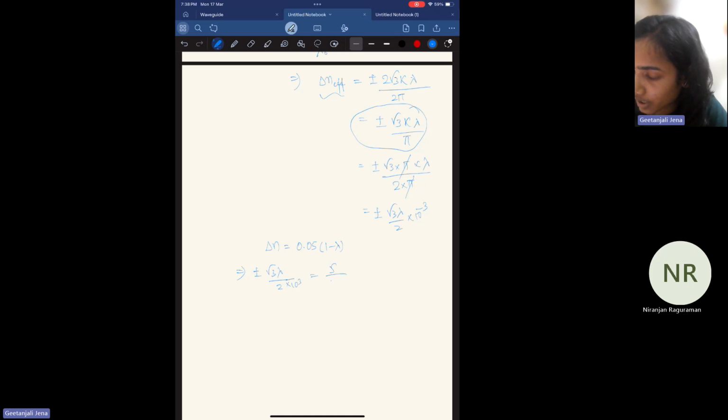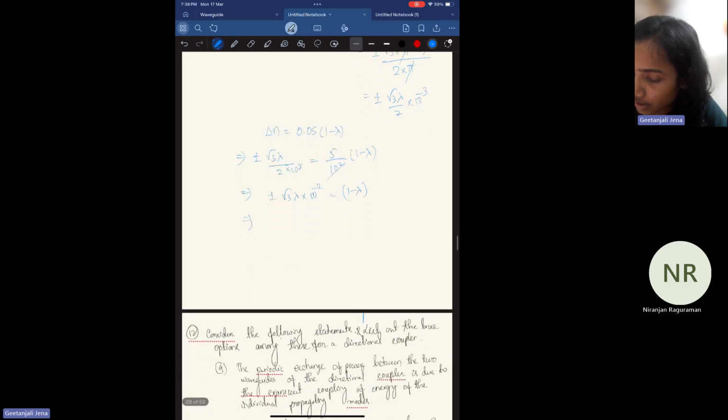This is 5 by 100. This will cancel. So we have plus or minus root 3 lambda into 10 to the minus 2, which will be 1 minus lambda. So when you rearrange the LHS and RHS, we have lambda times (1 plus or minus root 3 times 10 to the minus 2) should be 1.